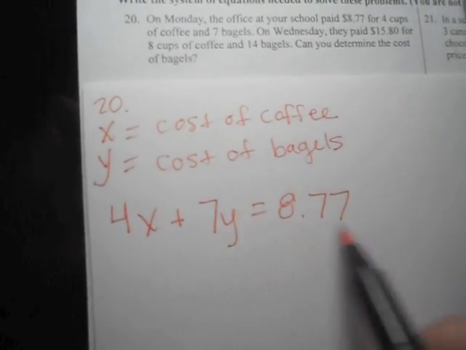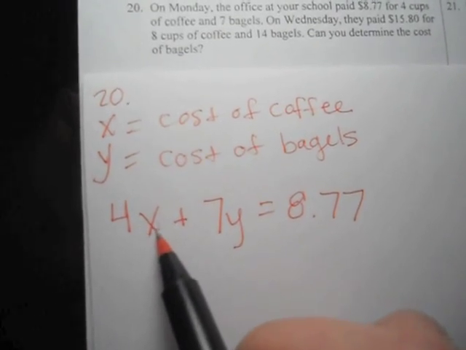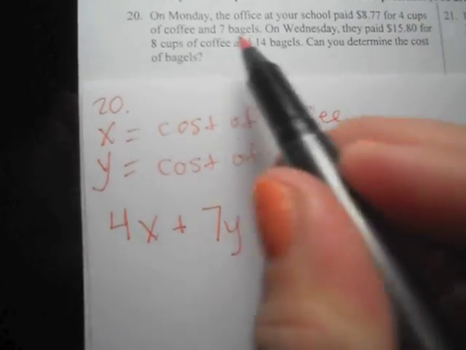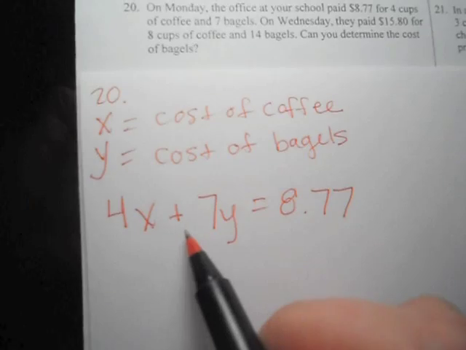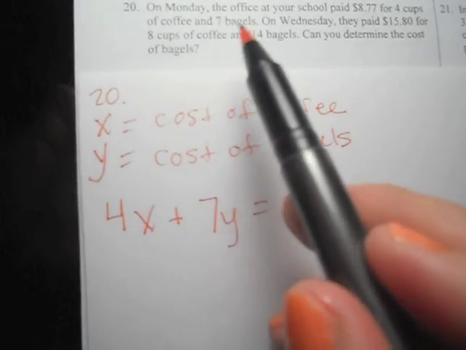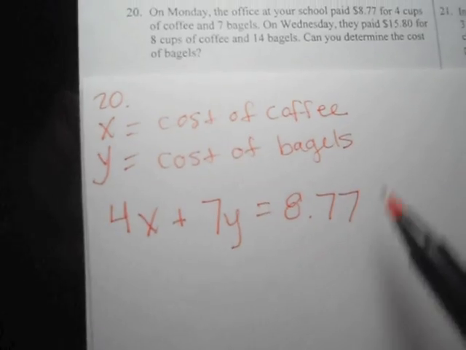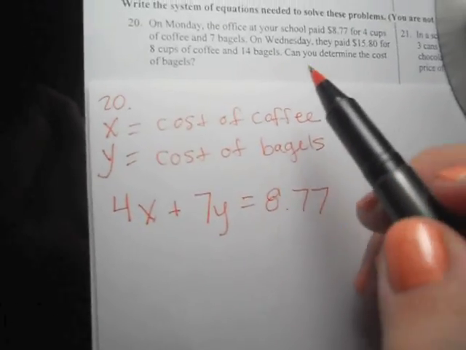Alright, let's read it aloud. 4 times the cost of coffee, because there were 4 cups of coffee, plus 7 times the cost of bagels, because they bought 7 bagels, equal, they paid $8.77. Okay, let's try the next sentence.